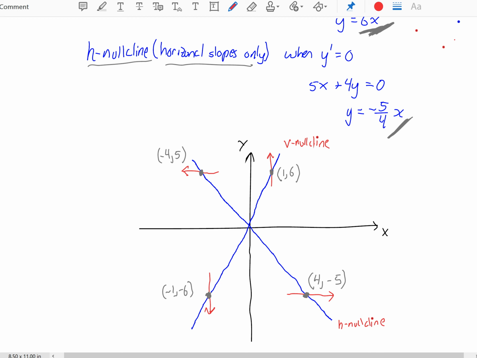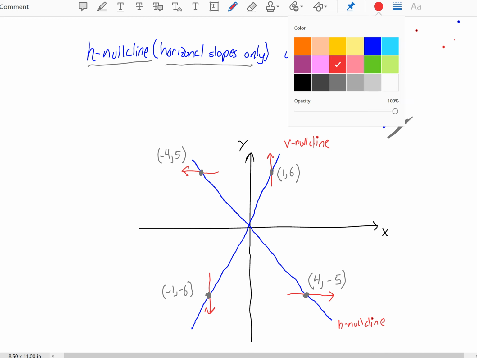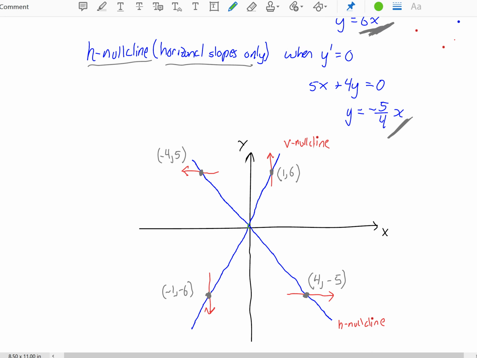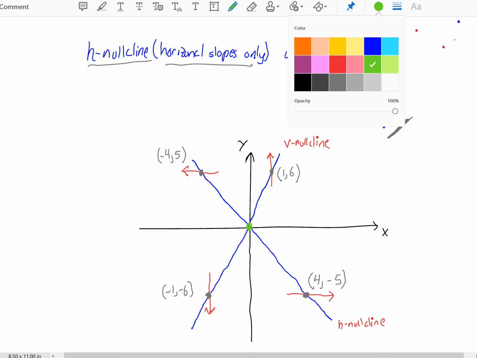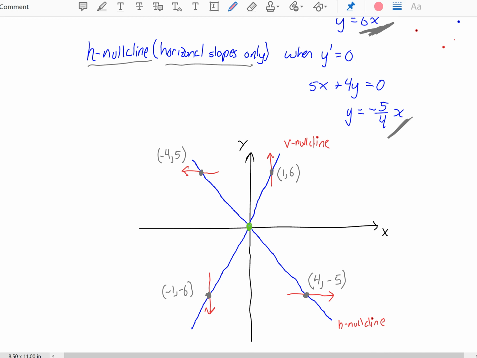So if I was to start maybe at the origin, let's do this in another color. Well, let's actually fill in what's going on in each of these regions. I skipped that. So let's consider this region here. At this point, solutions will be moving up and to the left. It matches the movement touching the two nullclines.